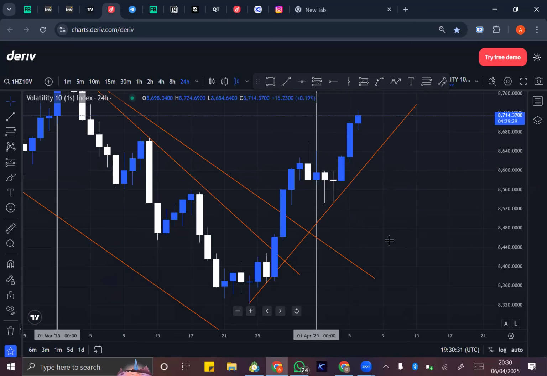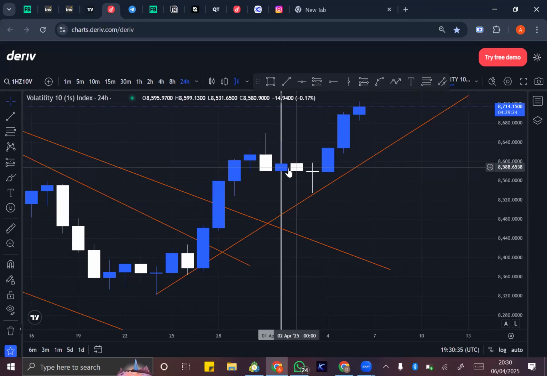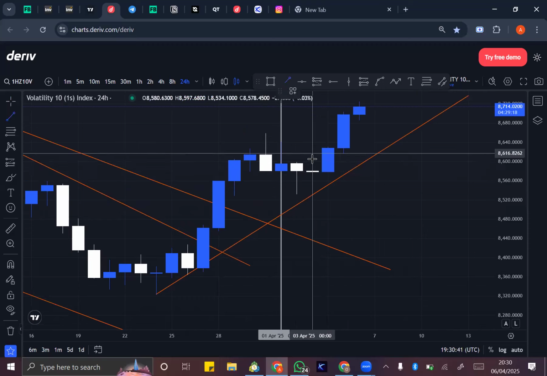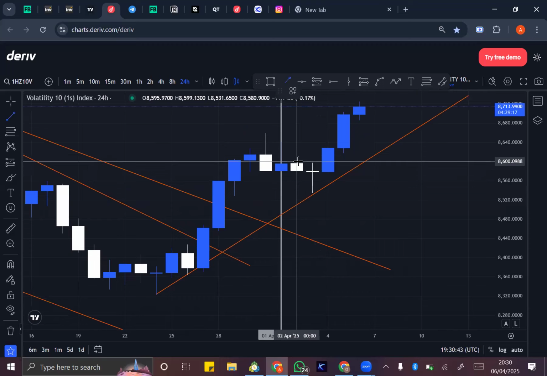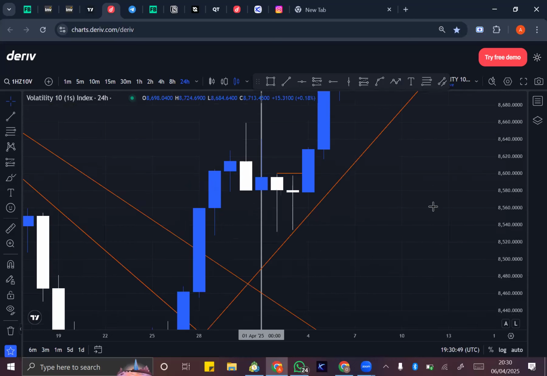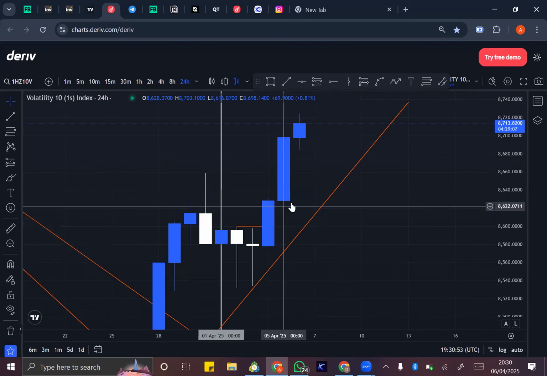You can avoid the day that didn't close with a body, we're just closing with a wick. But now on the 4th, which is day before yesterday, it closed with a body, which is a structural break to the upside. After seeing this, you will know that okay, the next day is going to be bullish.